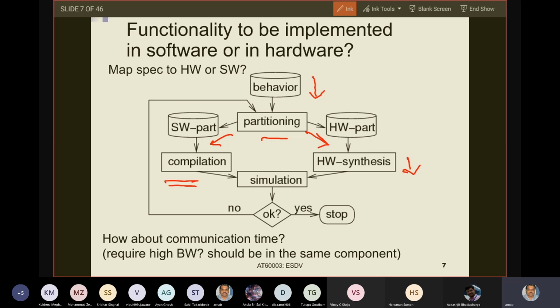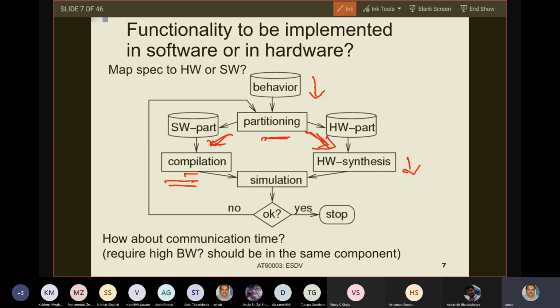Now when you have a gate level design corresponding to a functionality, you have fairly good estimates of how much hardware area this particular functionality is going to take, how much energy in hardware it is going to consume. So you partition the tasks, you determine some in hardware, some in software.